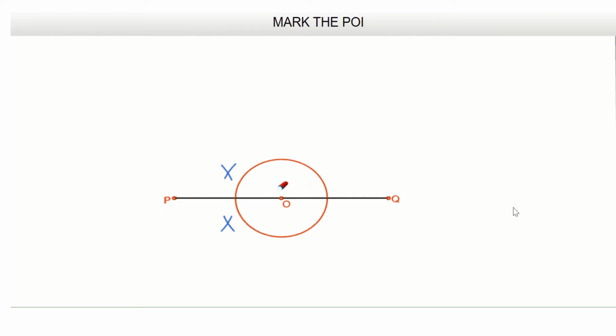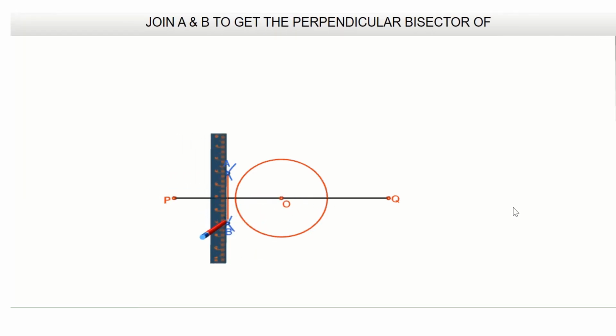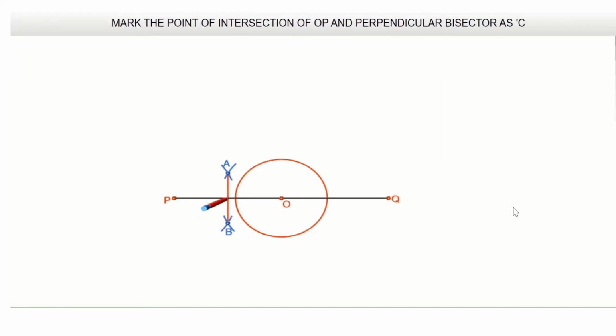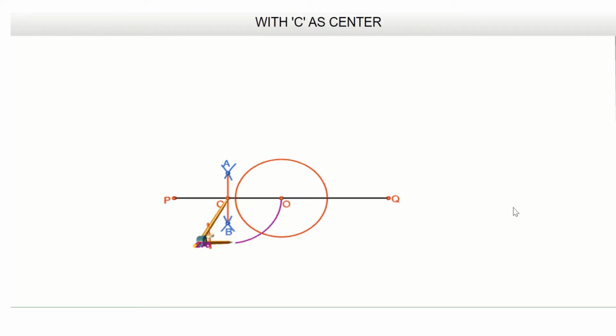Now the intersection points, I am going to mark as A and B. Now join the line. Clear? And the line and the PQ is intersecting, na? That point I am going to mark it as C.